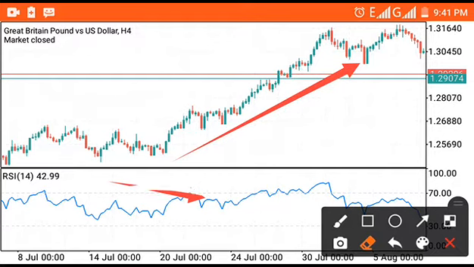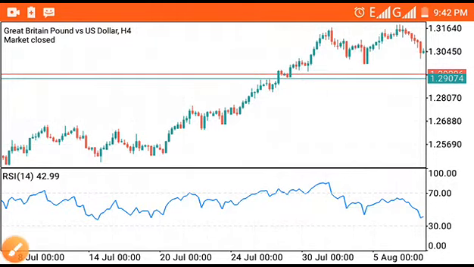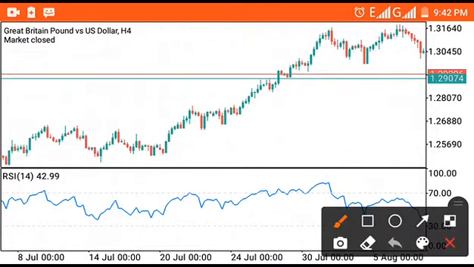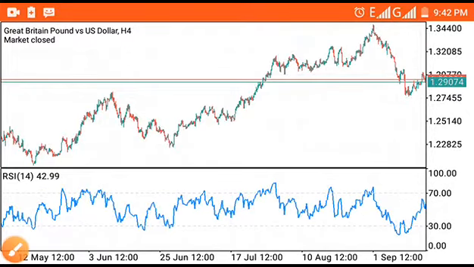Of course it touched. Touched somewhere here. You expected this thing to fall, but what happened? All the way up. You see, and this is not just the lower time frame. This is also another higher time frame, the 4 hour time frame. Just have to be careful.